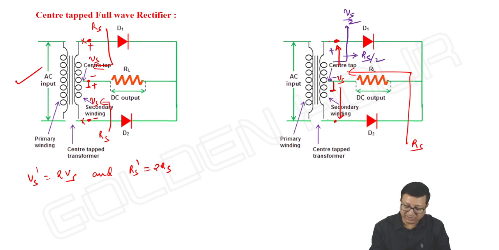Similarly, the voltage at this point with respect to the other end of the secondary winding will be Vs by 2, and the resistance will be Rs by 2.